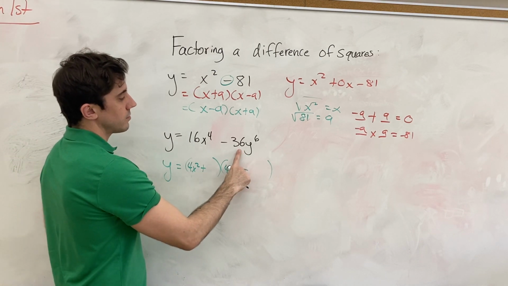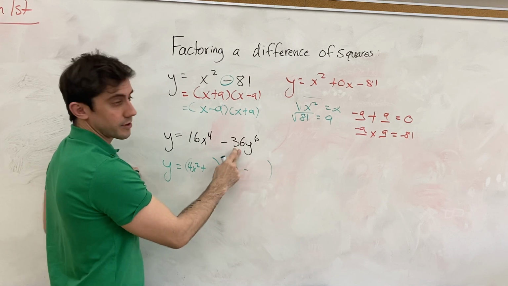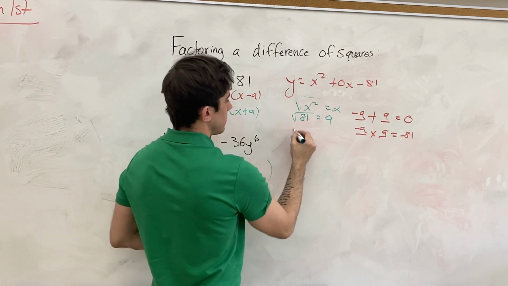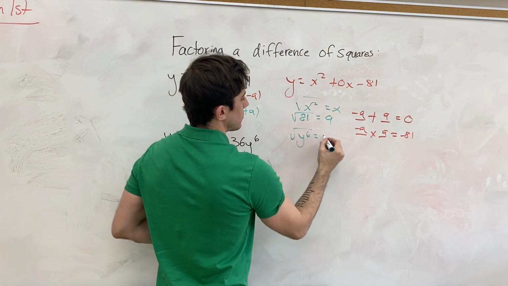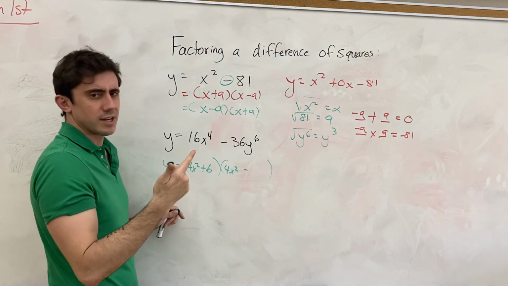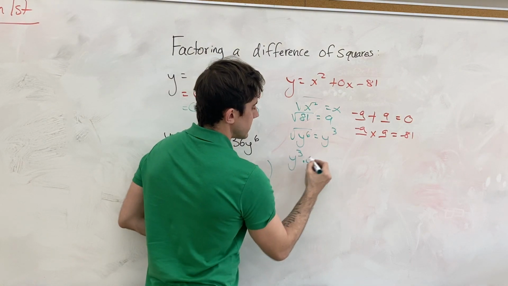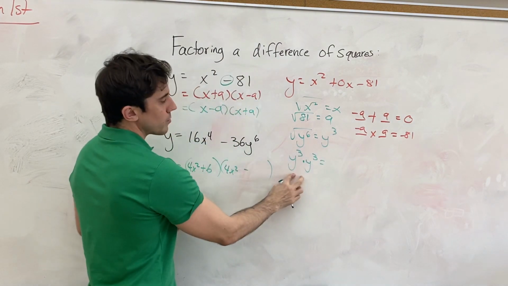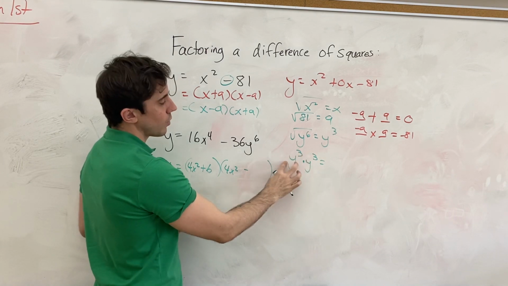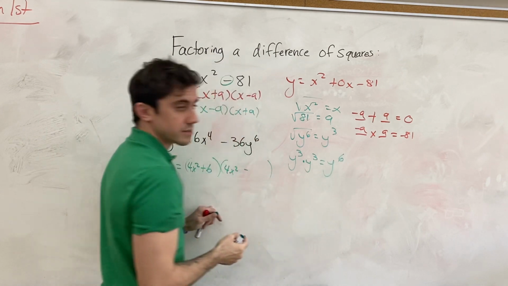And the square root of 36y to the power of 6 is, the square root of 36 is 6. And the square root of y to the 6 is y to the 3, right? If you have any issue visualizing why that is, just imagine multiplying y cubed times itself. When we multiply the same base, we add the exponents, so y cubed times itself makes y to the 6, right?